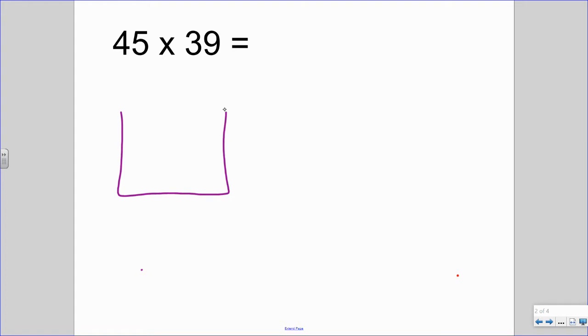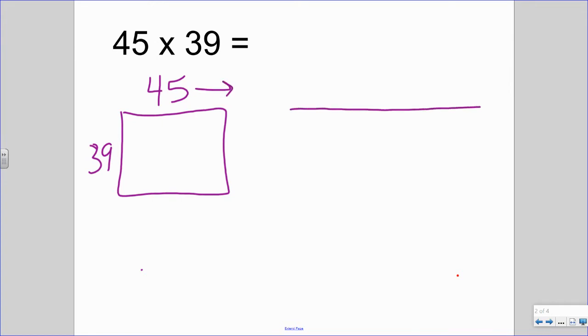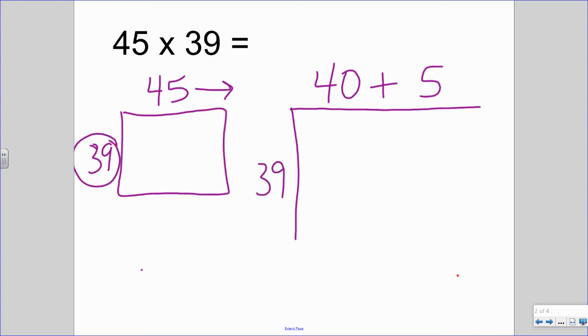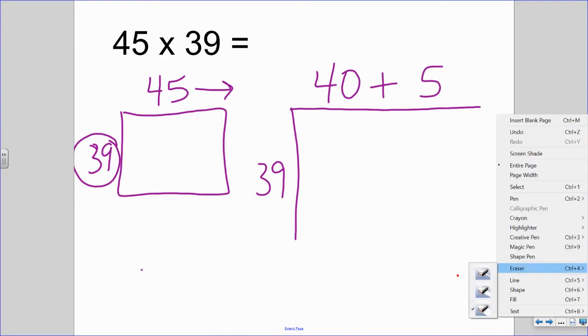So this problem becomes 45 times 39. Now, we know that we don't know this. And so what I'm going to do is I'm going to take 45 and I'm going to put it into expanded form, 40 plus 5. But I have to now do the same thing for 39 because if I just put 39 here, I don't know what 39 times 40 is.